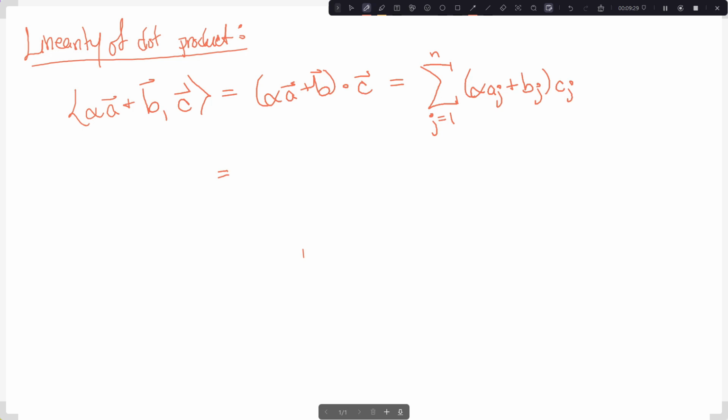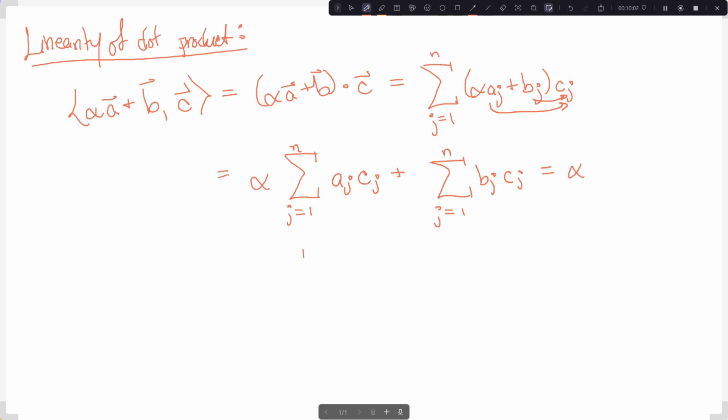And thanks to the definition of sums, the way that sums and multiplication behave, that sum has to be alpha times the sum, j equals 1 to n, I'm distributing, aj cj plus the sum, j equals 1 to n, bj cj, and this happens to be equal to alpha a dot c plus b dot c, which is what I wanted, alpha inner product a and c plus inner product b and c. And so that's linearity for you.